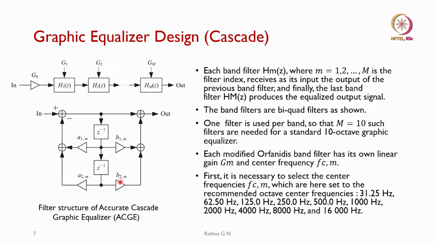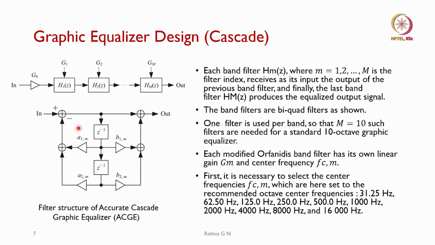This is the B2 coefficient comma m, and this is A2 comma m, and then this is A1 comma m. Okay. So, you will be seeing this is our output after adding it, and because we know that our feedback coefficients are negative, that is the reason why it has been put as negative here, and these two get added, and after that it is going to be subtracted.